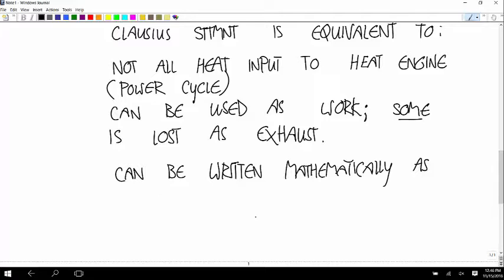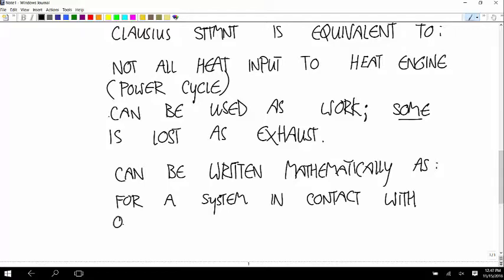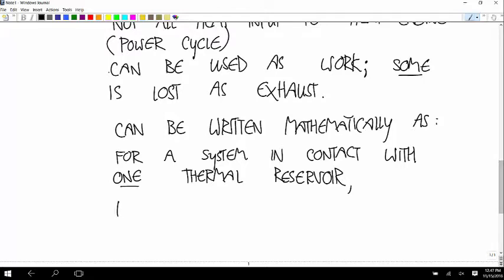But you can write this mathematically by saying, for a system in contact with one thermal reservoir, the work done for any cycle that that system goes through is less than or equal to 0.